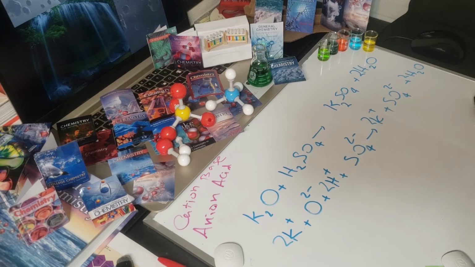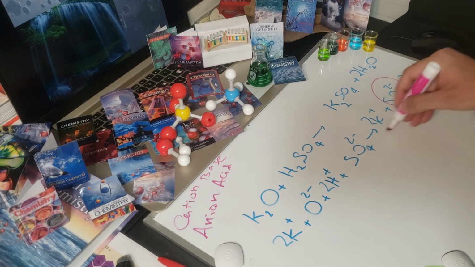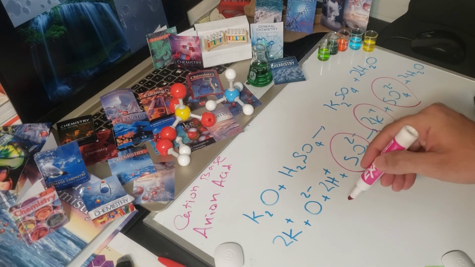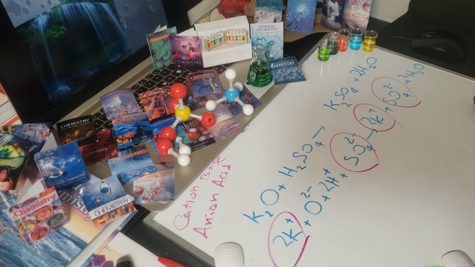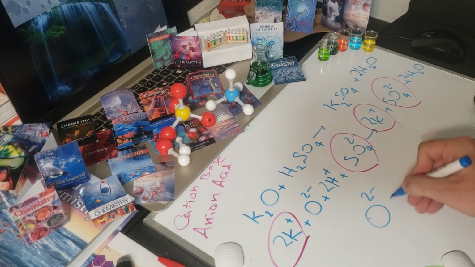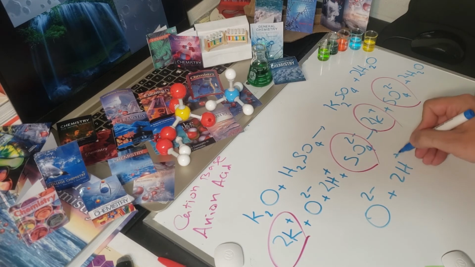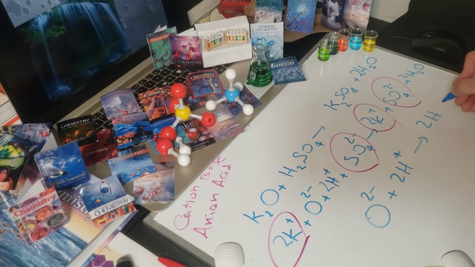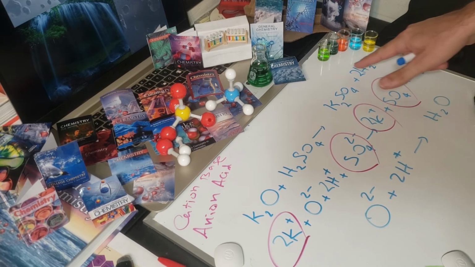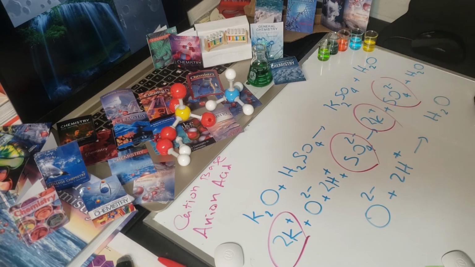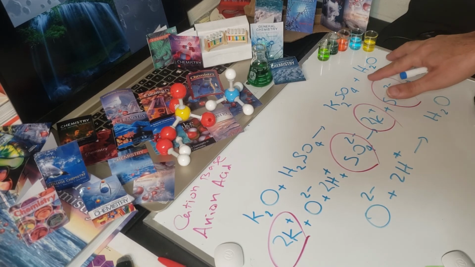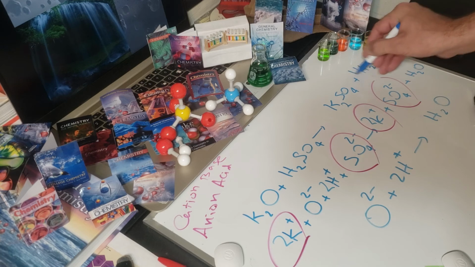So now this is my sulfate, this is my K plus, sulfate and K plus, those are the spectators. And if I just write down the reaction, the oxide plus 2 H pluses will give me 2 H2O. Oh, actually 1 H2O, my bad. 1 H2O. For this one, it was already given, and I will tell you that it's 1.